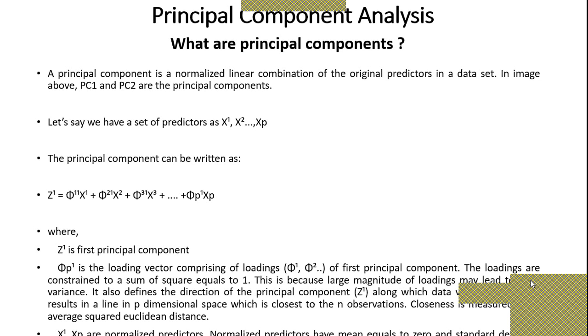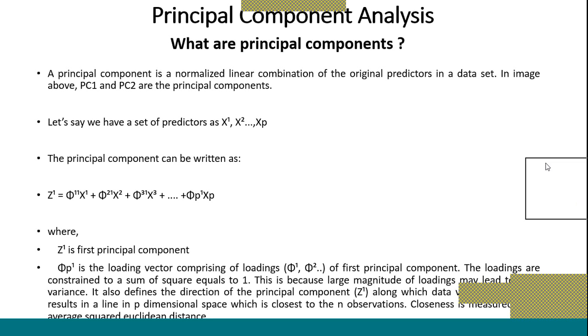The principal component can be written as Z1 = θ11 x1 + θ21 x2 + θ31 x3 + ... + θp1 xp, where Z1 is the first principal component and θp1 is the loading vector comprised of loadings θ1, θ2 and so on for the first principal component. The loadings are constrained so that the sum of squares equals 1.